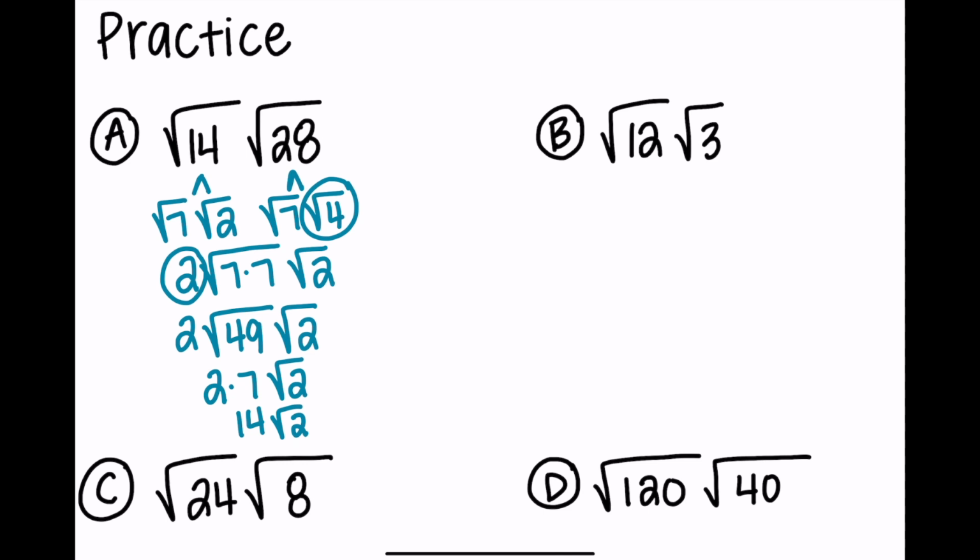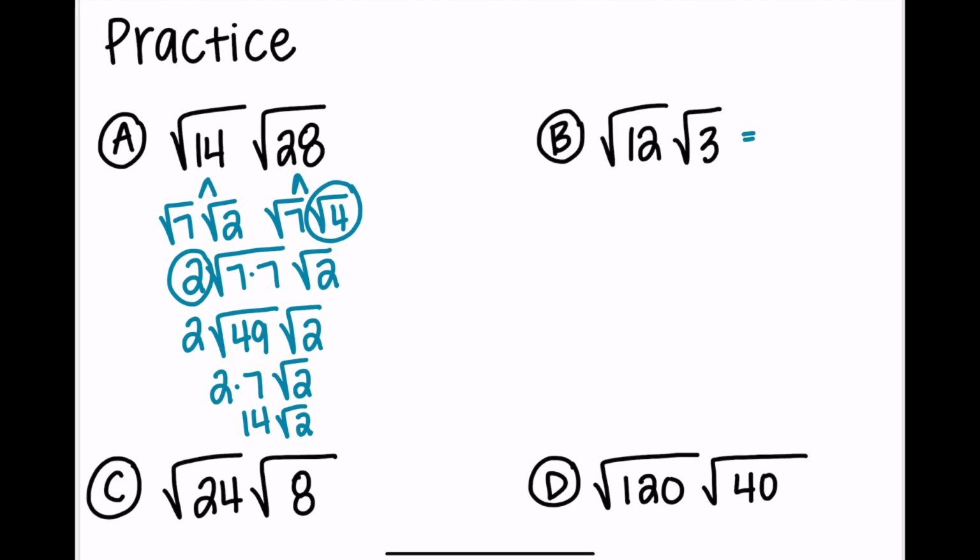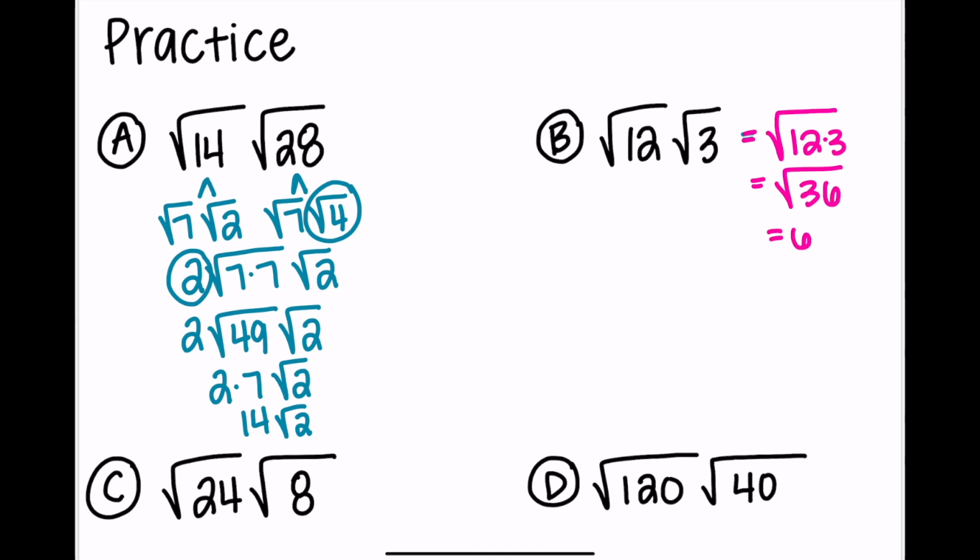All right, for B, this is one where you could multiply straight across if you wanted to, because if you did that, you would get the square root of 12 times 3, which is the square root of 36, which is 6. Now, if you didn't do it that way, that's fine. I would say this is 4 and 3, and then you just have the square root of 3 there.